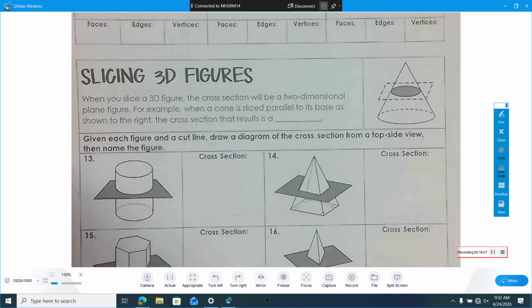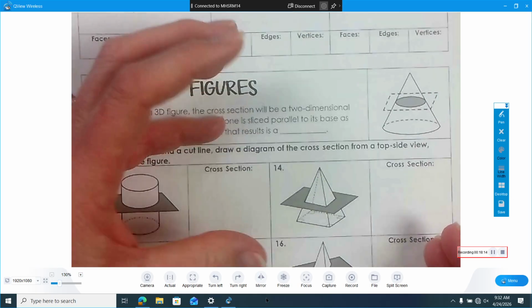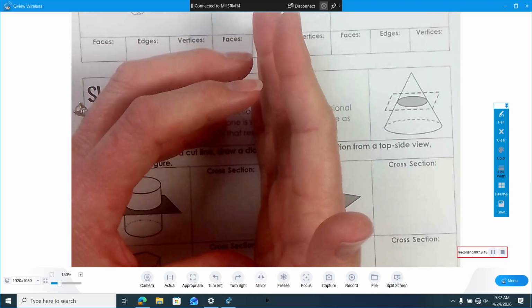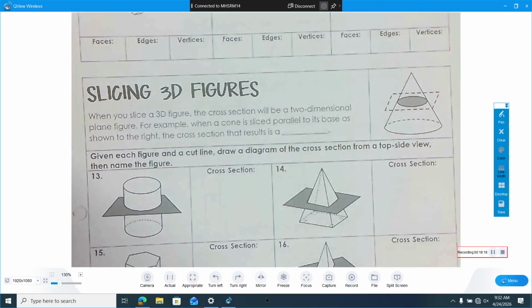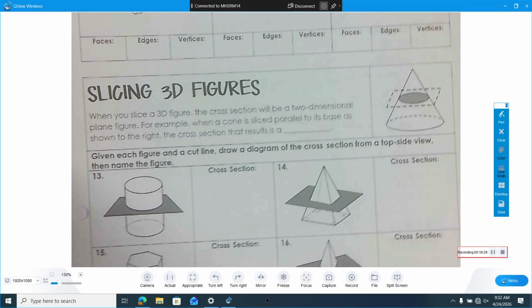And so if you take an orange and you chop that orange right through the center, and you pick up the orange, what shape do you see? A circle. That's a cross section. And so what we want to be able to identify are those cross sections. When you cut them, what does it look like?